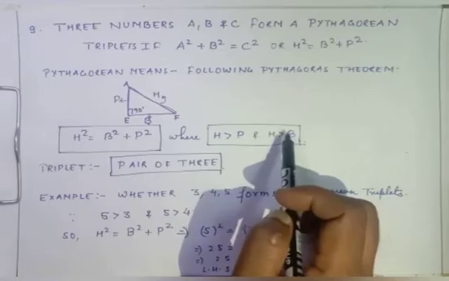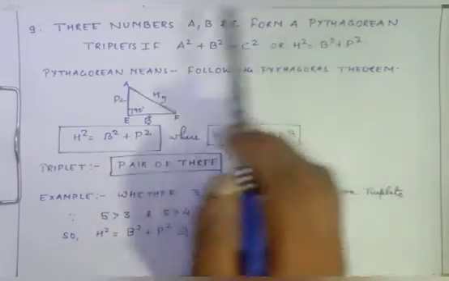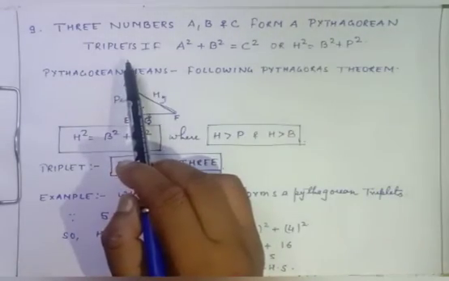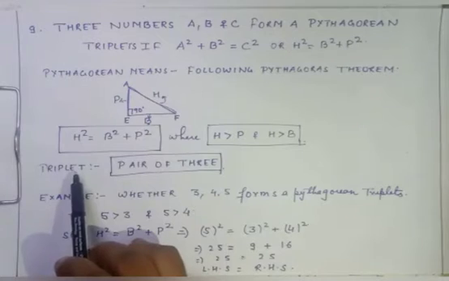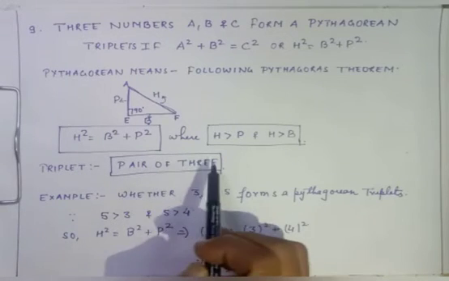If a number is a Pythagorean triplet, then it should follow Pythagoras theorem. Now what is a triplet? Triplet means a group of three.